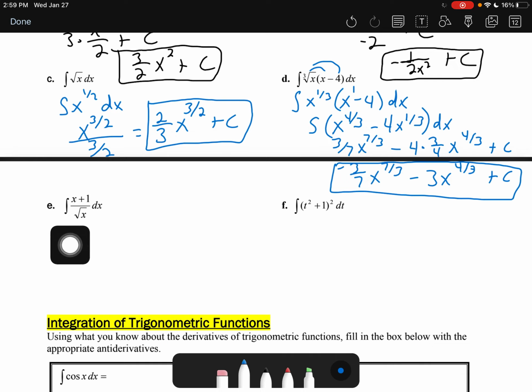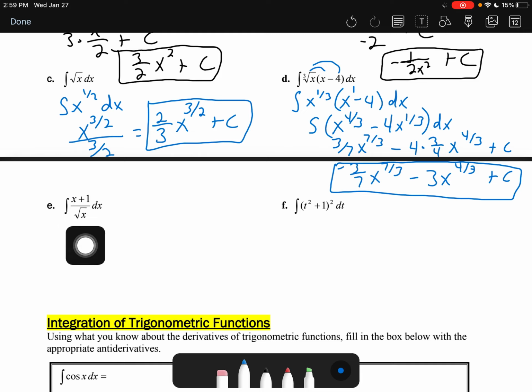All right, and then for part E, what I've got here, I have this fraction. Like I said, there's really no quotient rule that we can use here. So what we want to do is simplify it again beforehand, and we can simplify because there's just the one denominator, and this is why this is doable.